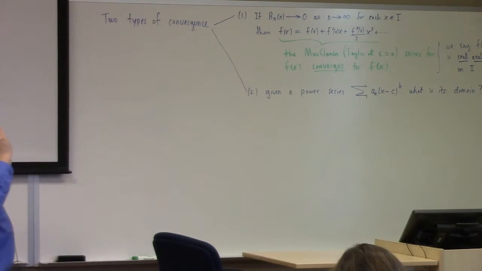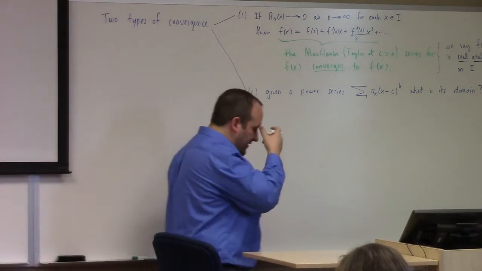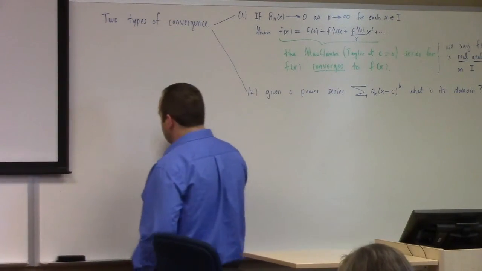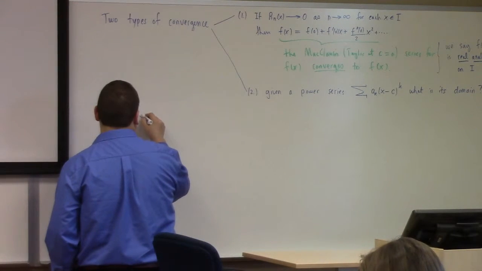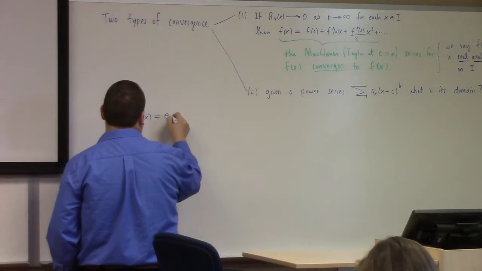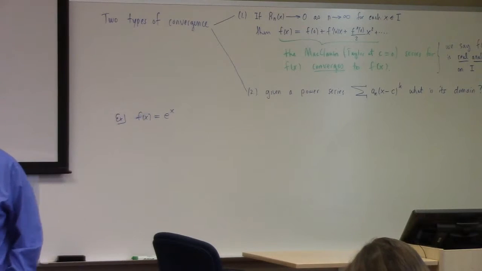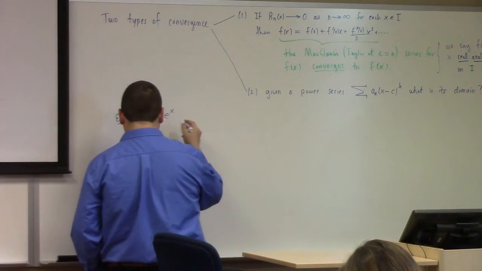All right, before I show you the counterexample, let's say, to this type of convergence in number 1, let's just look at something positive for a second here. So let's look at e to the x. That's pretty easy because, well, we'd like to show that e to the x is analytic.